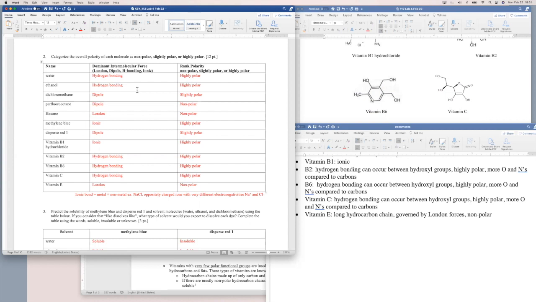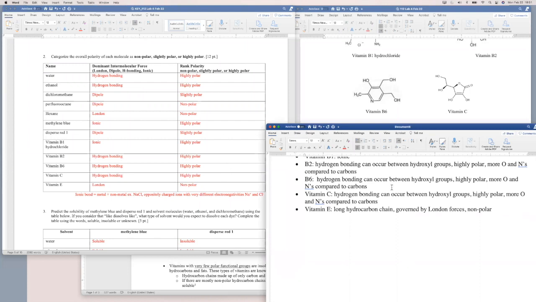I think there was a question that said, are there 5 or less carbons per oxygen and nitrogen? For this one, there's a lot more nitrogens and oxygens to carbons. So that's how we know it's highly polar too. But besides that, something that's able to hydrogen bond can be highly polar too. That's another way to explain it.